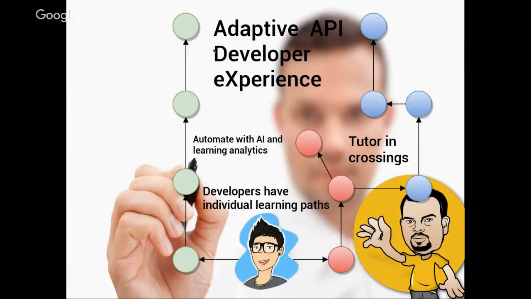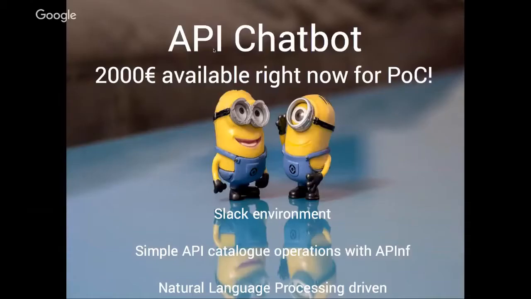All right, the next one, API chatbot. This was sort of mentioned a bit there, but this is an idea that we as a company want to push forward as well. We want to build a proof of concept of an API chatbot.